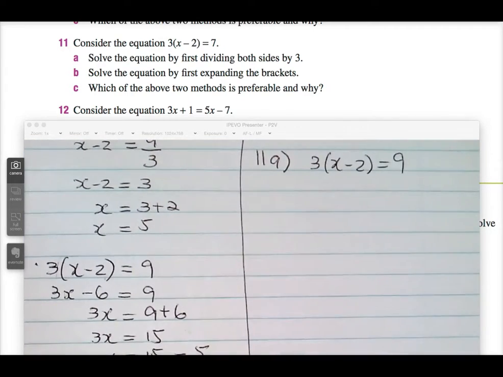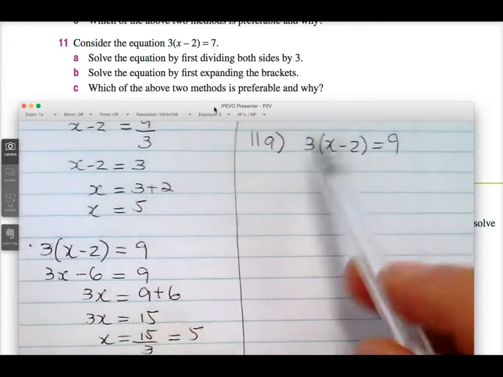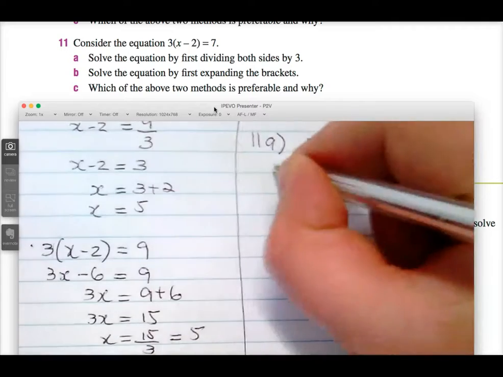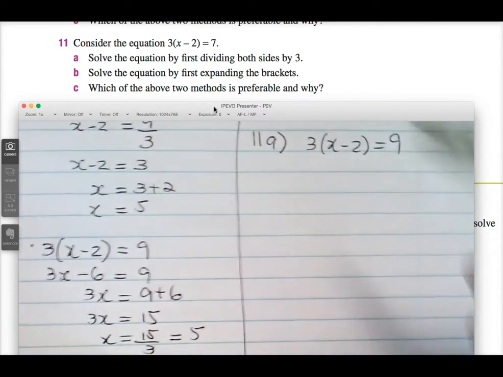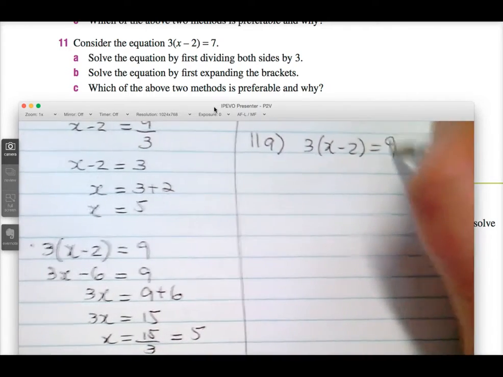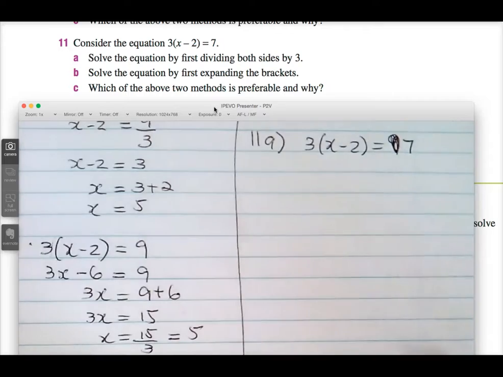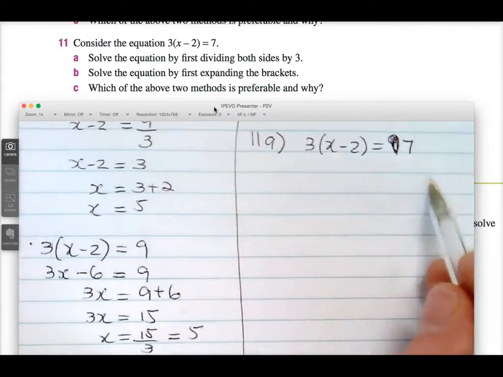Look at 11A. There is no way you would ever do method 1 for this, which is to divide through by 3. This is when you would never divide by 3 to start with. Wait, what did I put? It's 7. So with question 11, similar equation, but a 7 there, you would never divide by 3.